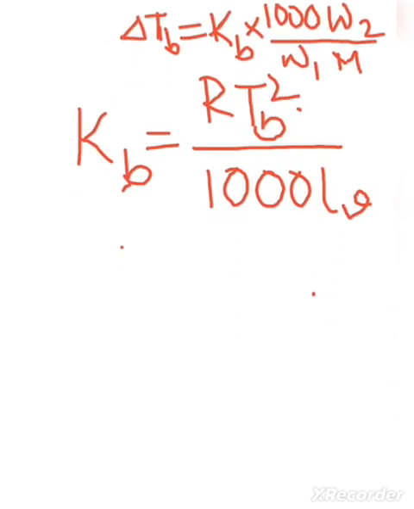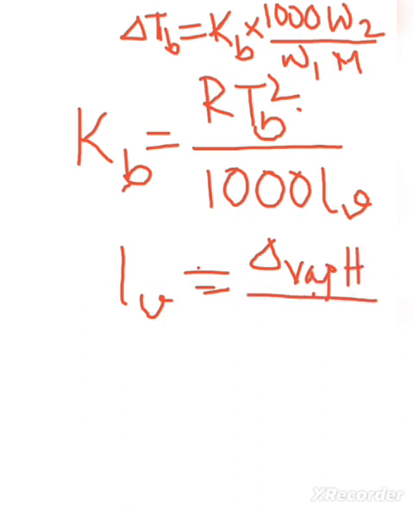LV is the enthalpy of vaporization, that means delta H of vaporization divided by the molecular mass of the solvent. So from this data it is clear that KB totally depends on the nature of the solvent.